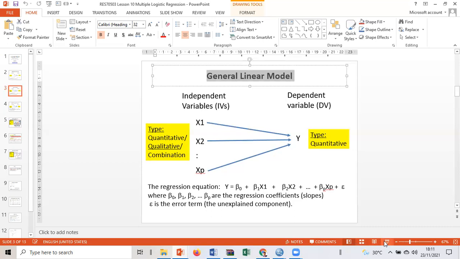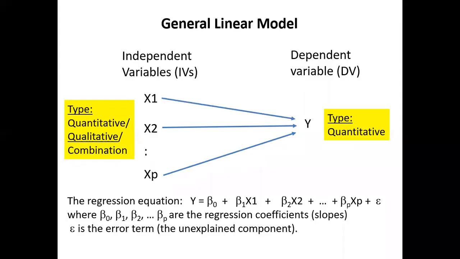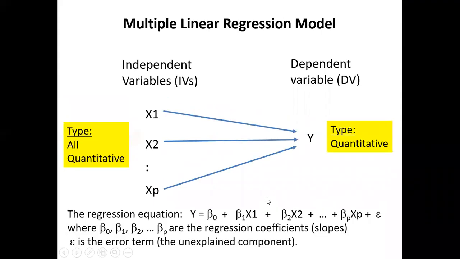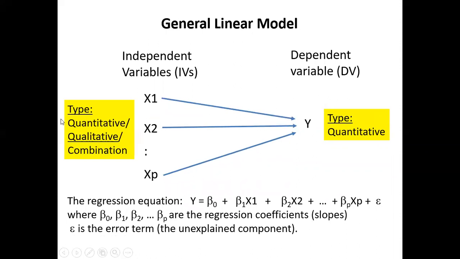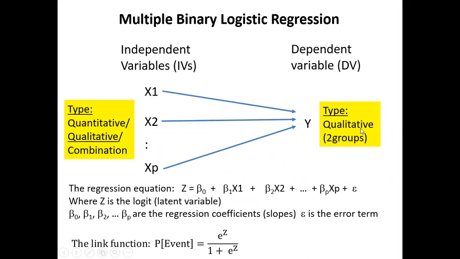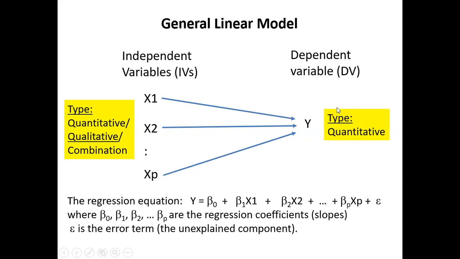Basically, the difference is earlier, all must be quantitative. Here, a combination of quantity and quality. This part remains the same. Now, this also is categorized as qualitative, two groups. So what's the difference between general linear models and logistic regression?